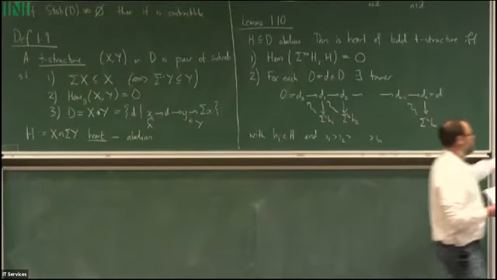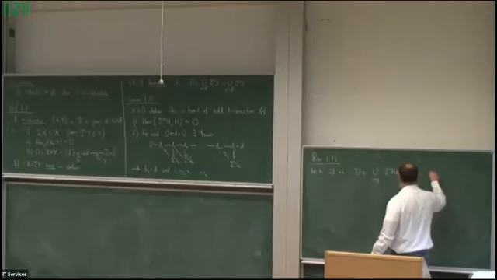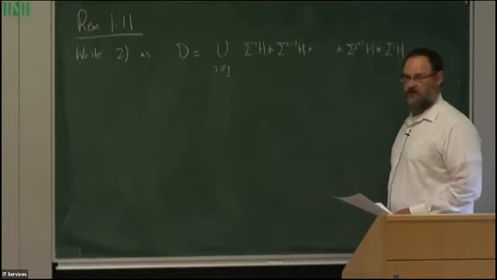And because this is a talk in a workshop on clusters, we often write this as D equals the union over i bigger than or equal to j of sigma^i H star sigma^{i-1} H and so on down to sigma^j H, which you may have seen similar kind of formulas in cluster tilting theory.